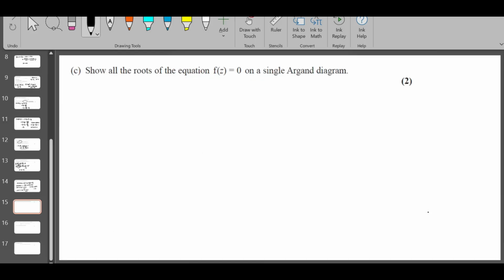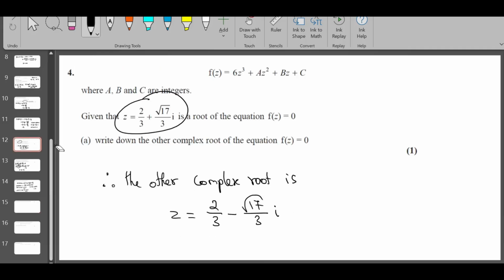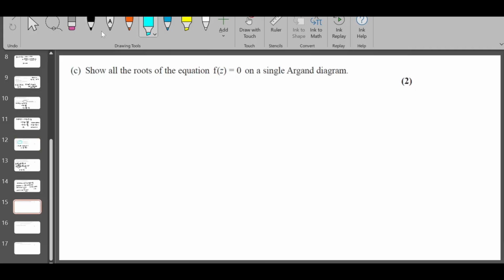Part C now. Show all the roots of the equation f of z equals 0 on a single Argand diagram. Okay, the roots are, the first one is this. So the three roots are, this is the first one, 2 over 3 plus square root of 17 over 3 i. So let's draw the diagram.